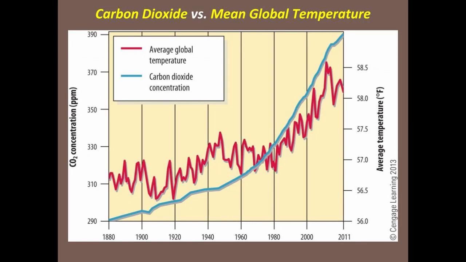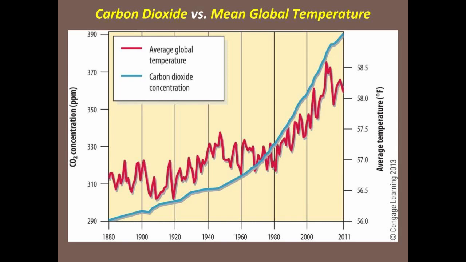Here we have a graph from 1880 to, again, 2011, the time at which the slideshow was created, showing a marked and accurate rise in global temperature and carbon dioxide concentration. Noteworthy here is these two grow together.